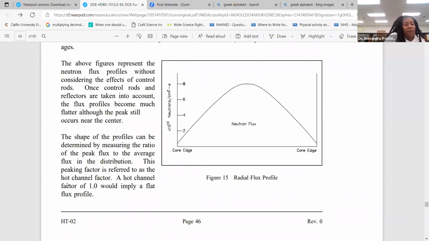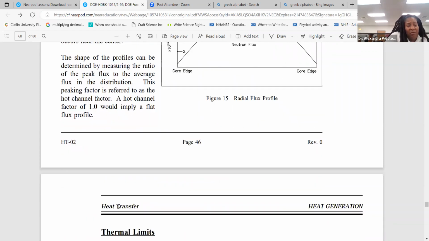The shape of the profiles can be determined by measuring the ratio of peak flux to the average flux in the distribution. The peaking factor is referred to as the hot channel factor, and a hot channel factor of 1.0 would imply a flat flux profile.